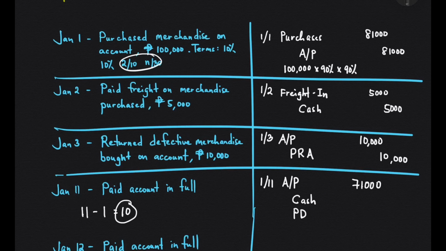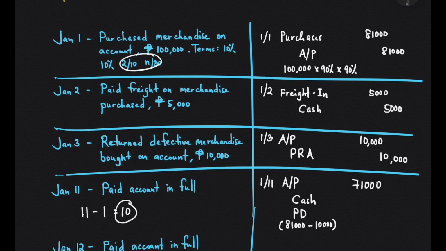Purchase discount is computed by getting the purchases, 81,000, minus the returns. January 3, you have returns of 10,000. Let me write the solution. So that's 81,000, the purchase price, minus the returns, 10,000.